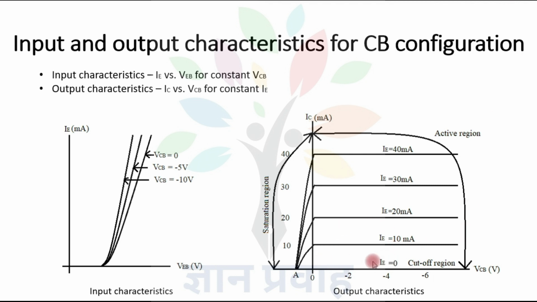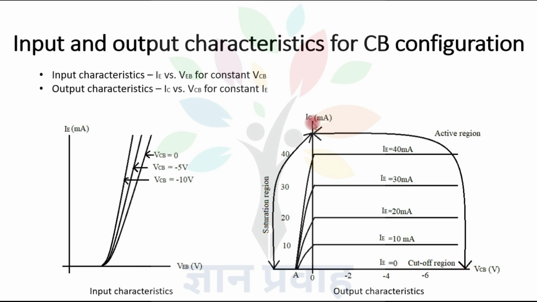And the output characteristics for CB configuration are given here. It is the plot between output current and output voltage for constant input current values. So there are three regions: saturation region, active region and cutoff region. Cutoff region is the region when output current is zero.